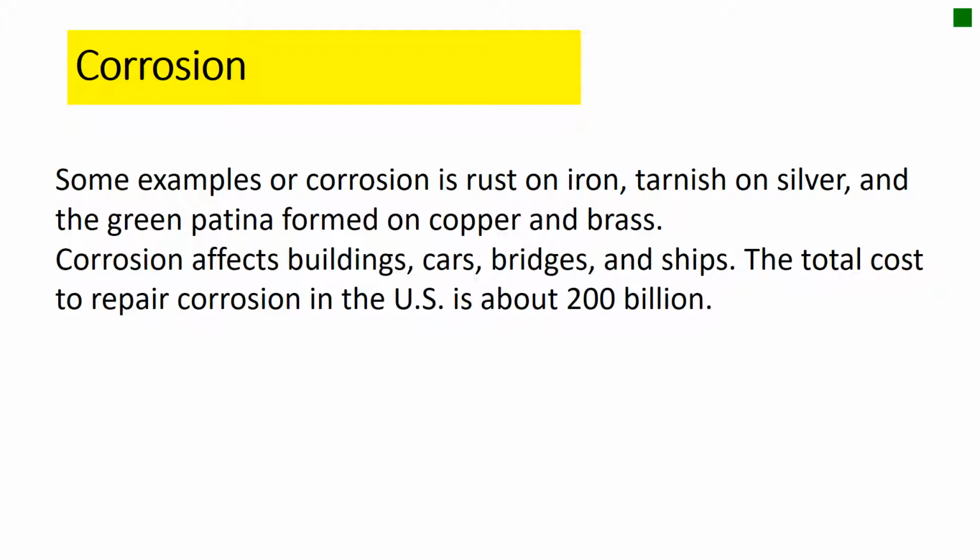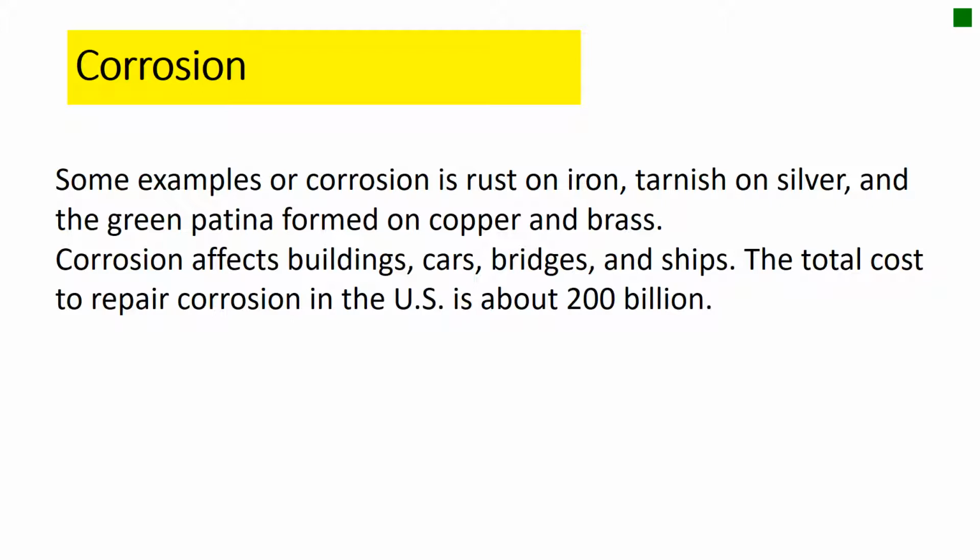We just see, oh, that nail's rusting, oh, the building is rusting. It's so normal that we think it's not a big deal, but it's happening all over the United States. So corrosion is nothing new to us. We're just seeing it as the chemical reaction that's happening.